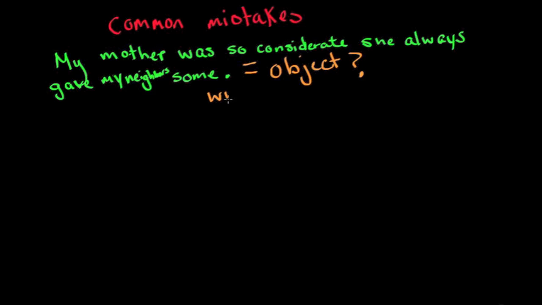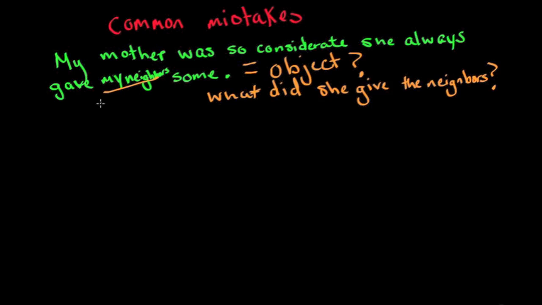The question is, what did she give the neighbors? We have the indirect object here, the people receiving, but we don't know what they are receiving. So this is a common mistake. We need to know something that your mother is giving.